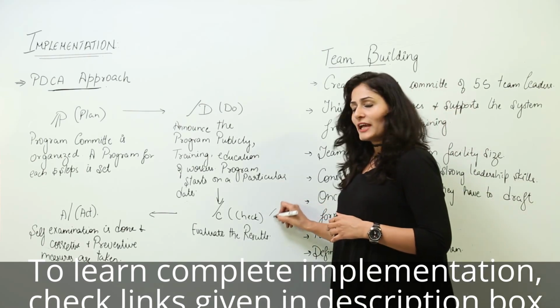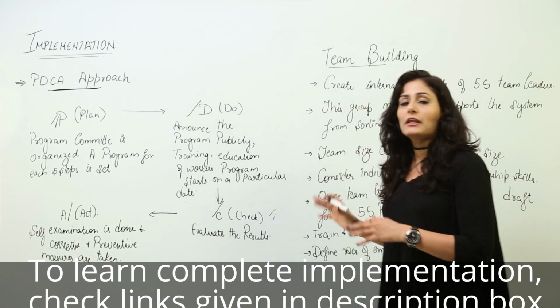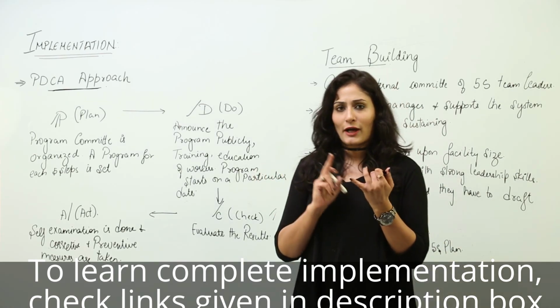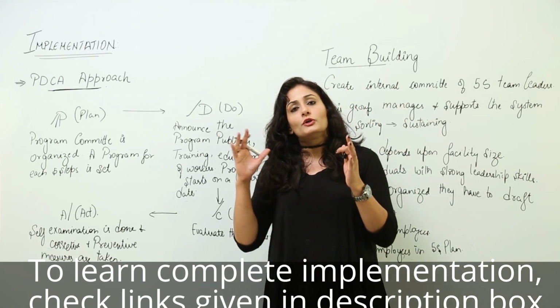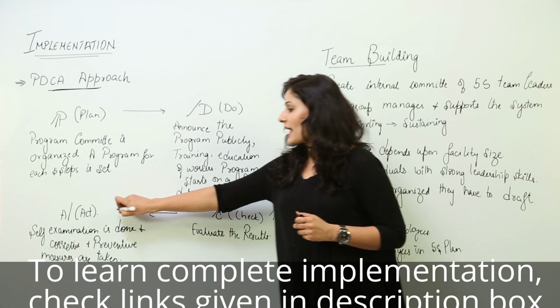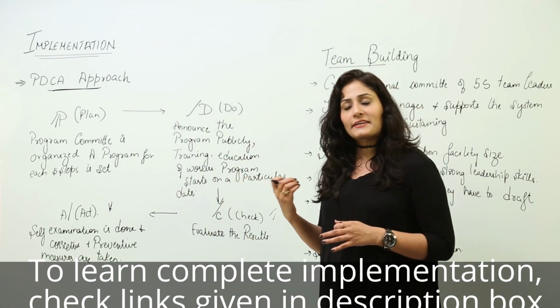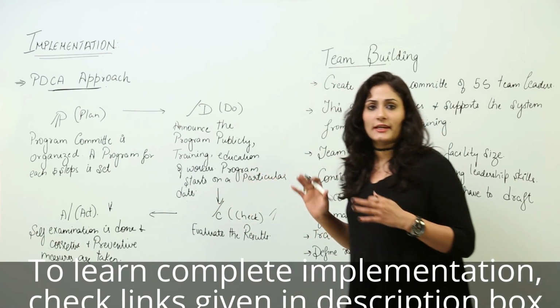And then in the check part, you have to evaluate the results. That is, whatever the results have been, you have the data recorded with yourself, and you would check. And then in the act part, a self-examination is done and corrective and preventive measures are taken.